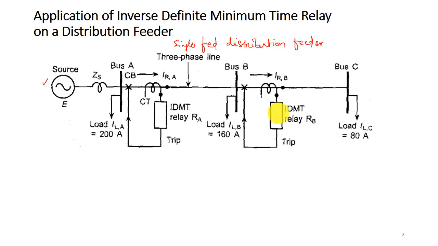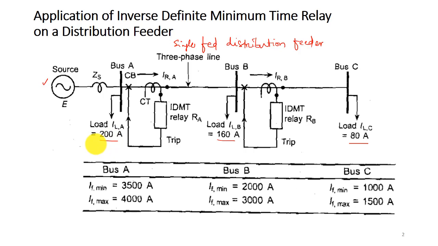The maximum load current at bus C is 80 ampere, at bus B it is 160 ampere, and at bus A it is 200 ampere. The minimum and maximum fault currents at different buses are given. At bus C the minimum fault current is 1000 ampere and the maximum is 1500 ampere.